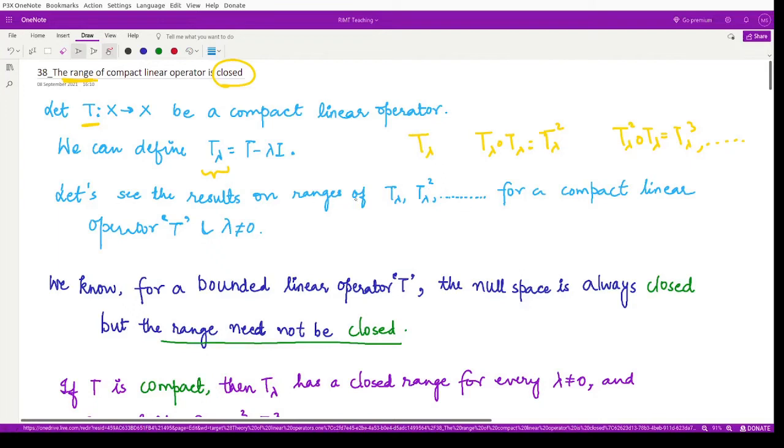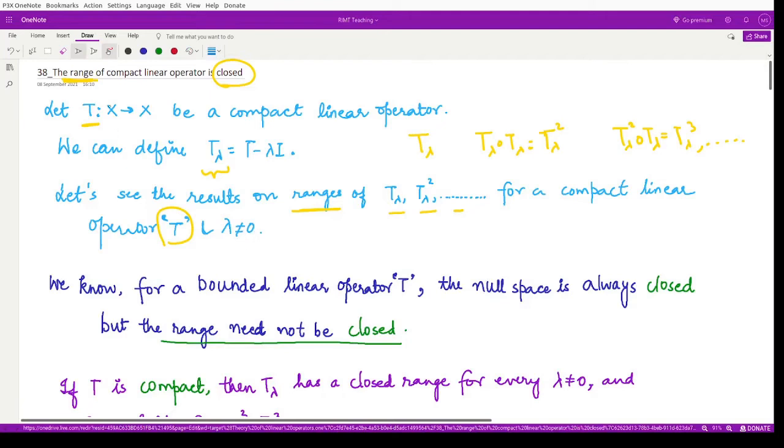What is the effect of all these operators on the range, for a given compact linear operator T and for a particular value of lambda which is not equal to 0? Let's have a look.